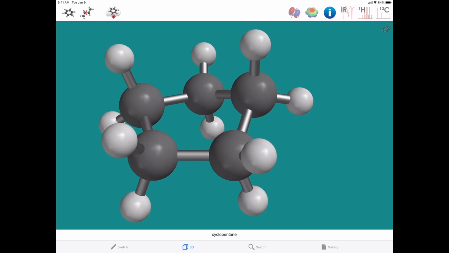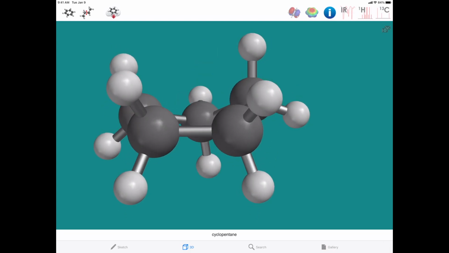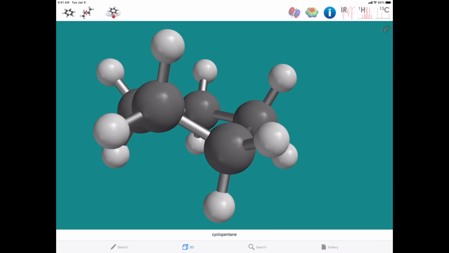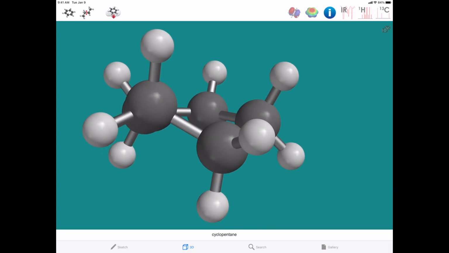It looks like you have atoms 1, 2, and 3 sort of in the same plane, and then atoms 4 and 5 are above and below that plane.